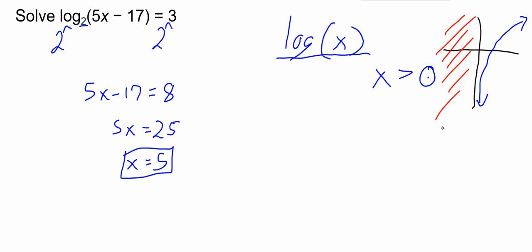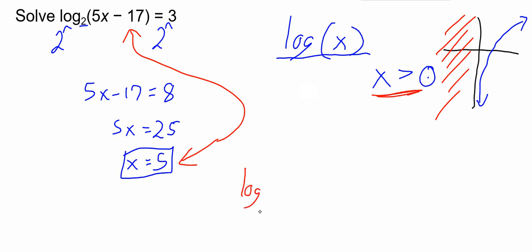So we want to make sure that our solutions exist such that when we plug them back in, we don't get a negative value. I can see if I plug in that 5 value, I get log base 2 of 25 minus 17, which is equal to 3.